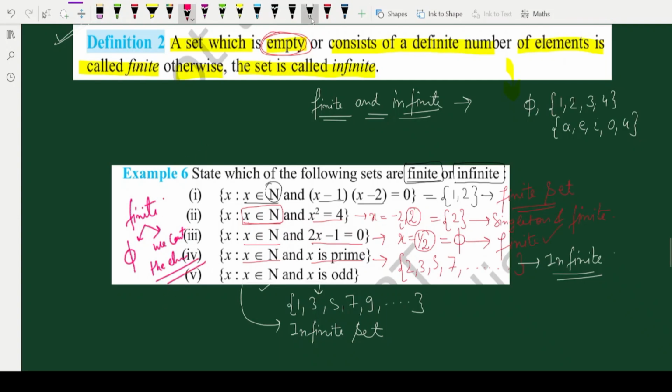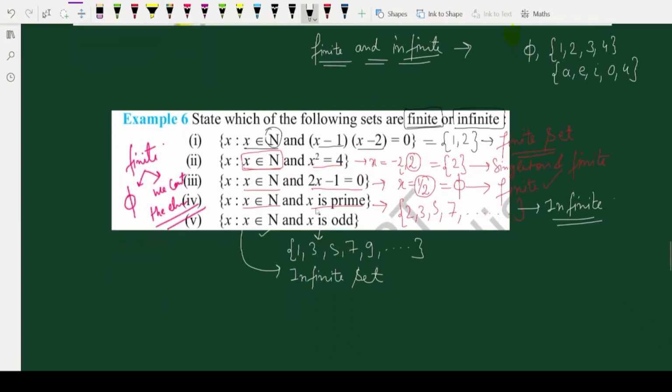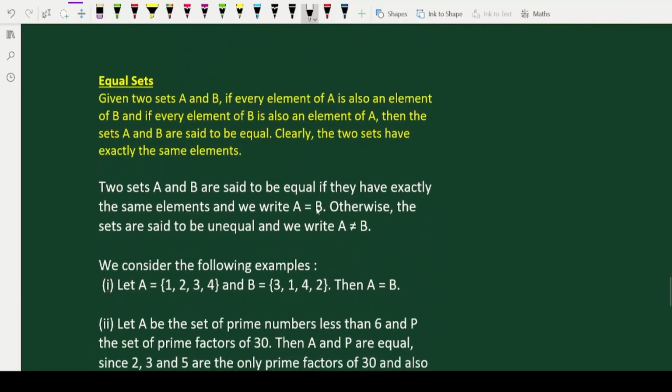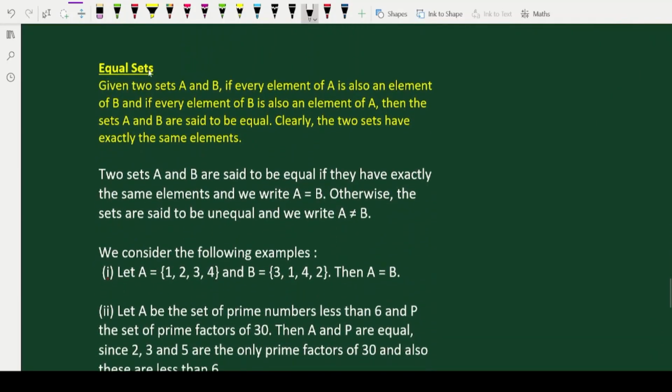Now let's go. Today also we discuss the definition of equal sets. What is equal sets?